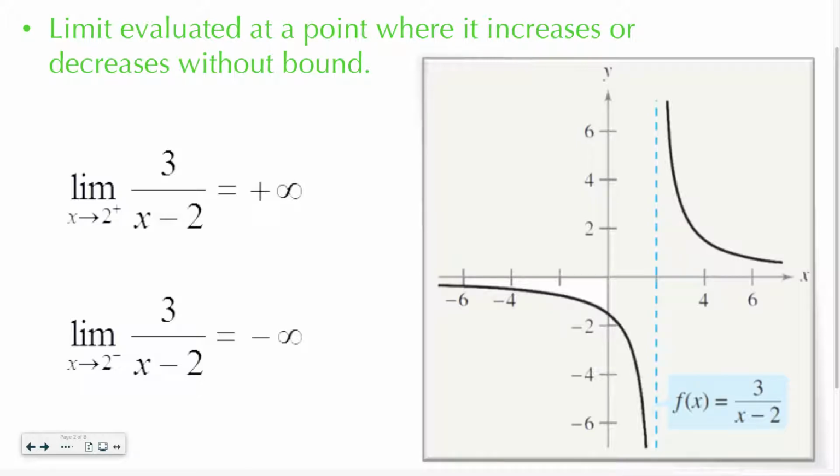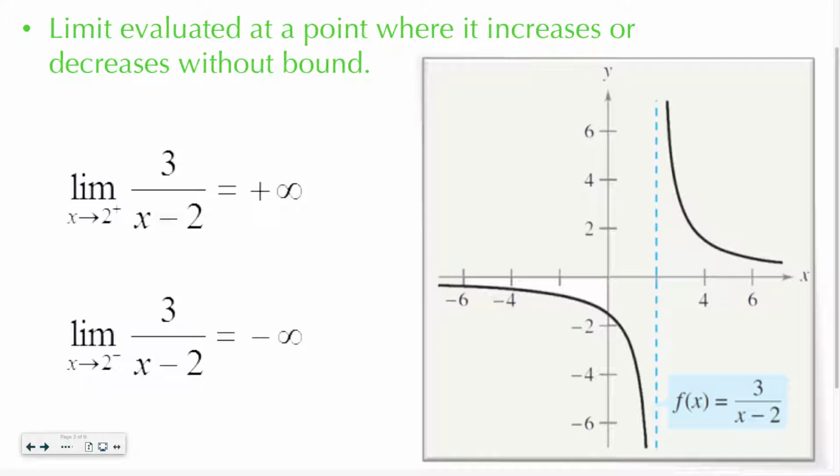So on the next screen, we are going to identify our vertical asymptotes. I need you to be able to look at a fraction and understand that you are evaluating the limit at an asymptote or you're evaluating the limit not at an asymptote. Because if you can identify right away that your limit is at an asymptote, you know that your answer is infinity or negative infinity.